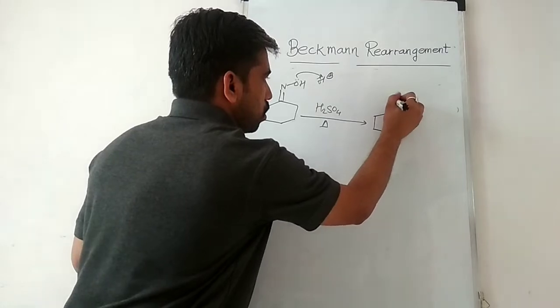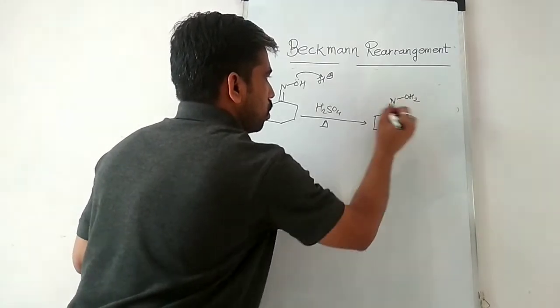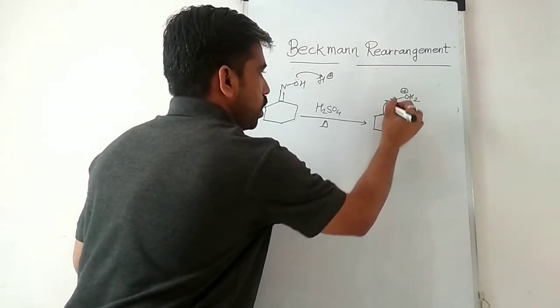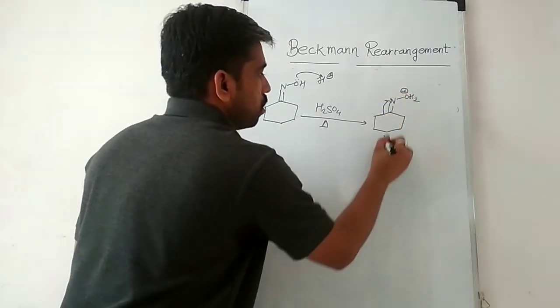We get C double bond N, H2O positive. Then migration of the group that is trans to the leaving group.